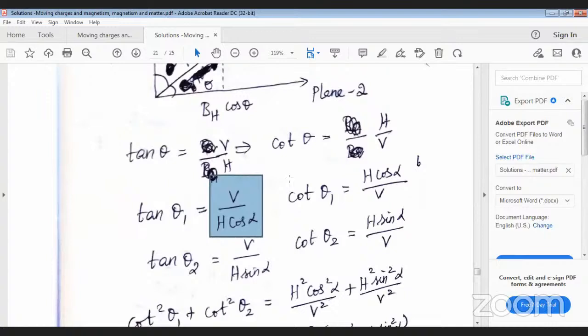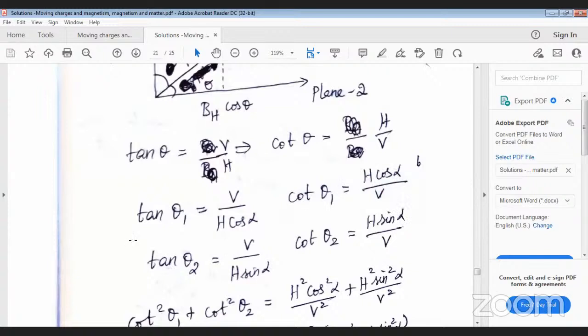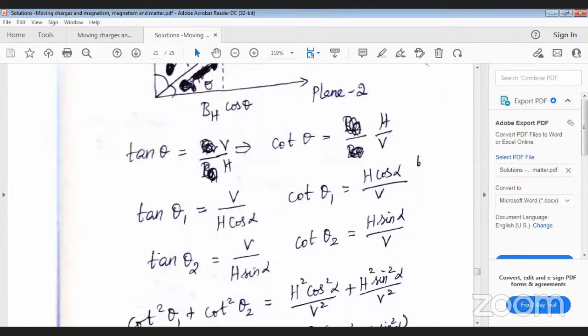So tan theta 1 equals V by H cos alpha, and cot theta 1, you need to take the reciprocal, equals H cos alpha by V. And tan theta 2 is V by H sin alpha. When you take the reciprocal, that will be cot theta 2, equal to H sin alpha by V. So here you have cot theta 1 and here you have cot theta 2.